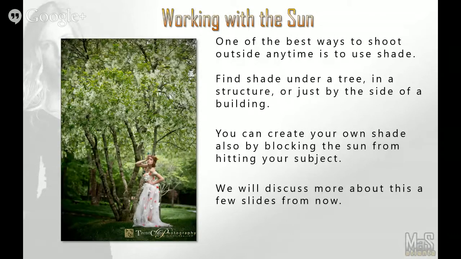Something that's really useful there, guys, is if the sun's coming over a building, you can always stick your subject within the shade by the wall and shoot within there. The cool thing too, and we'll cover this a little later, is when the light shows in their eyes but isn't illuminating their whole face. So one of the things you want to scout for when shooting outside is nice areas of shade.